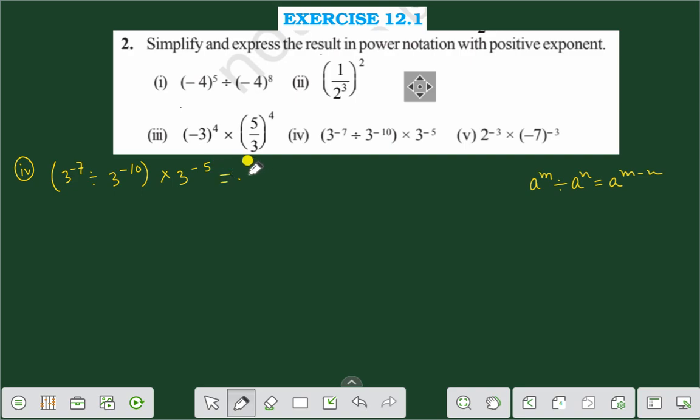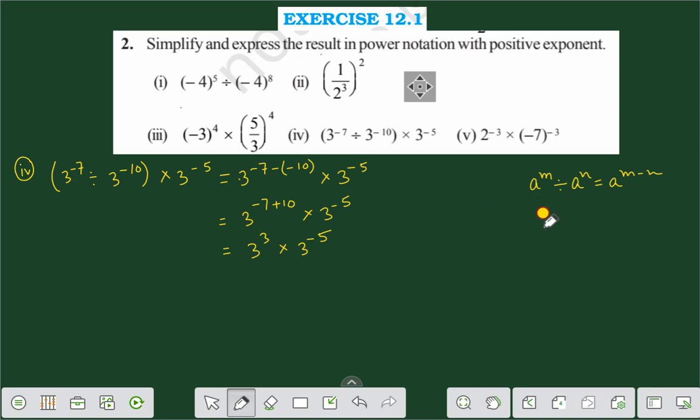Therefore, we are getting 3^(-7 minus of minus 10) into 3^(-5). Minus into minus is plus 10, so we are getting 3^3 into 3^(-5).